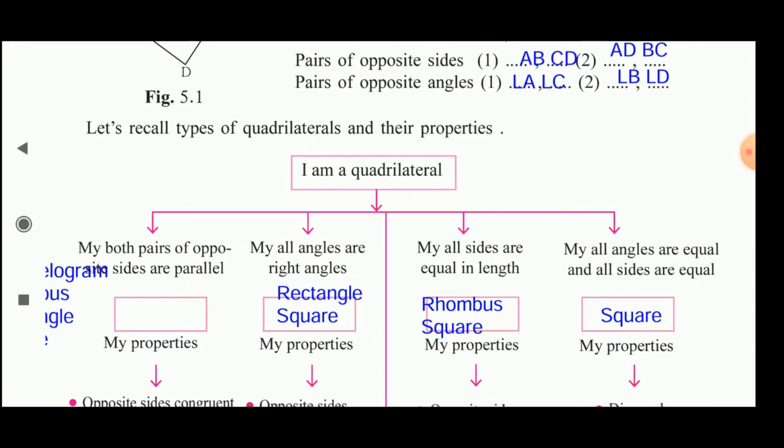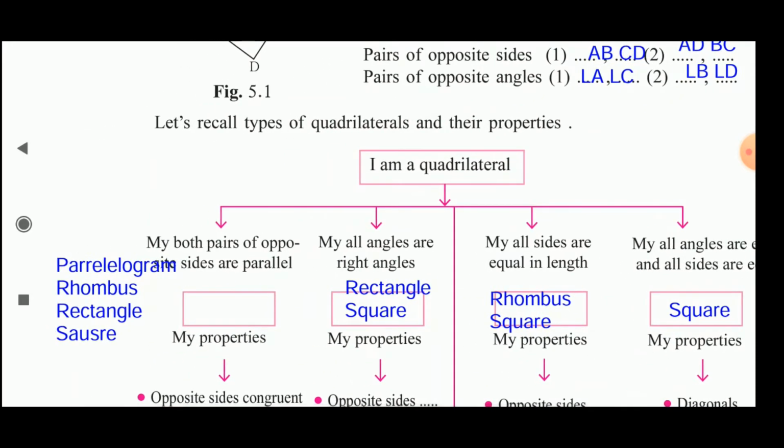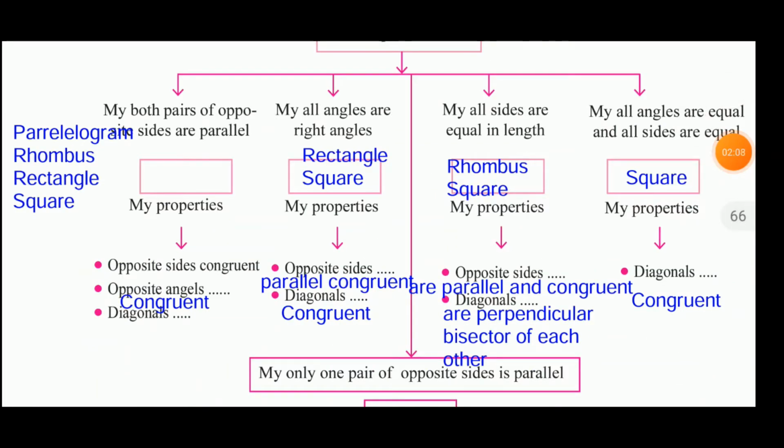Now the first property is given here: both the pairs of opposite sides are parallel. Now there are 4 quadrilaterals which have both the pairs of opposite sides parallel: parallelogram, rhombus, rectangle and square.